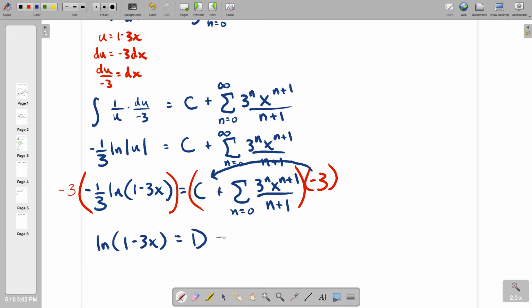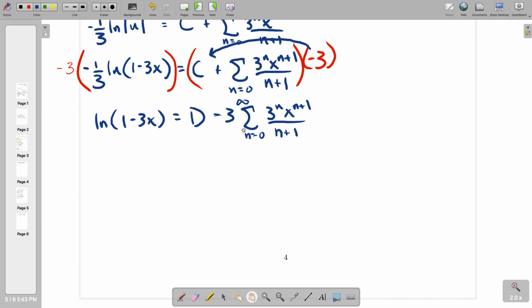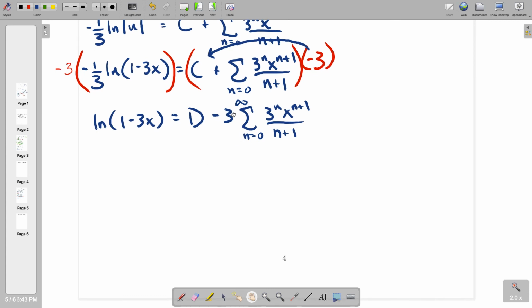This is going to be minus 3 times the sum from 0 to infinity of 3 to the n, x to the n plus 1 over n plus 1. And then furthermore, I have this factor of 3 out here, so it might really be nice to go ahead and bring that into the fold.